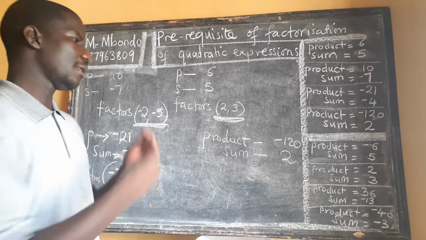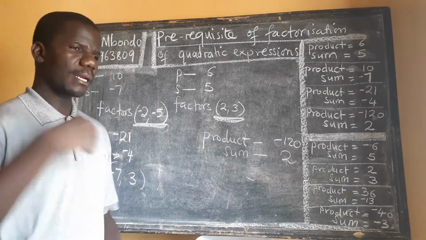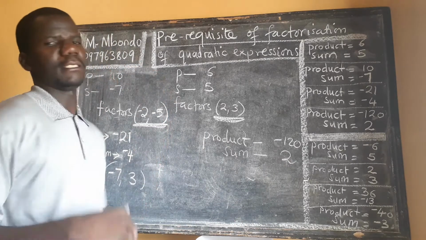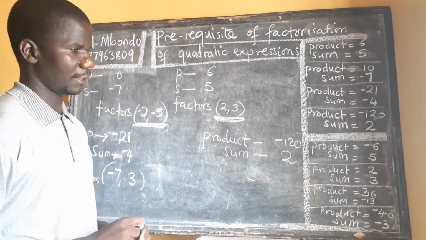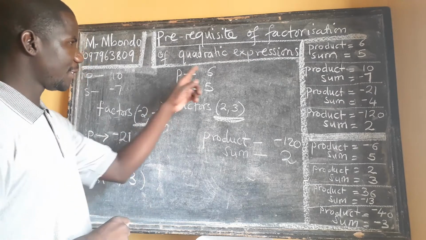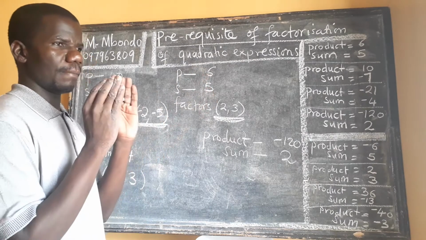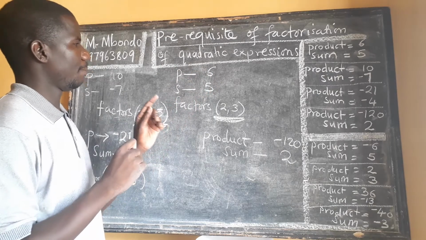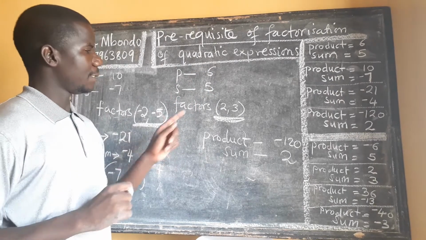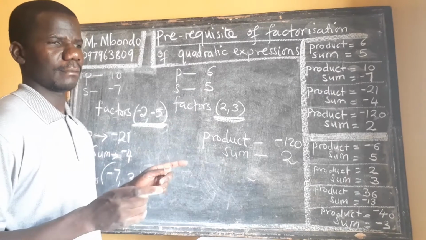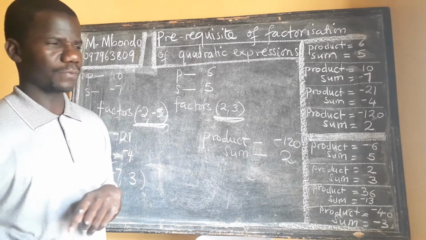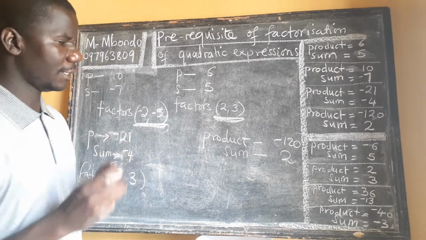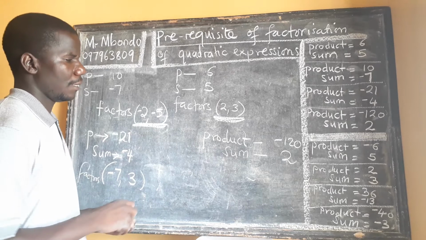Like I said, when the product is a negative, it means one of the factors is a negative. That's what it means. Okay, but if it's positive, it means the factors have the same sign. It could be both positives or both negatives. All right?